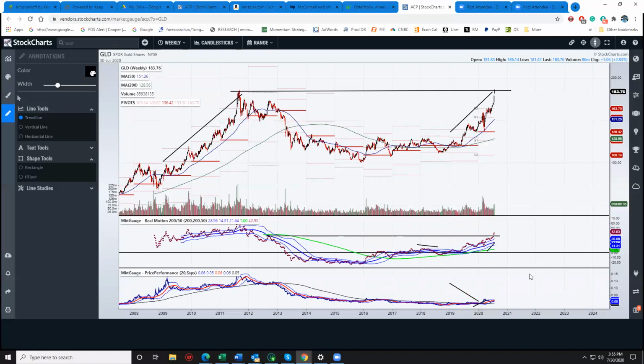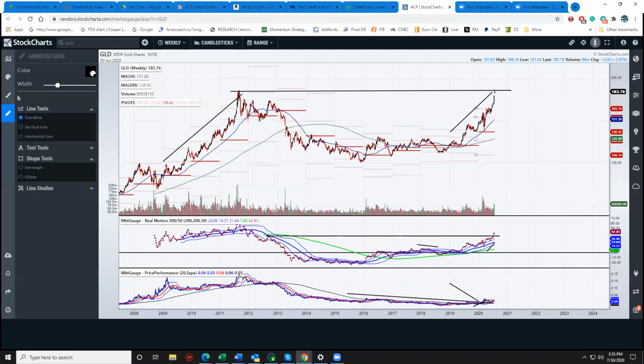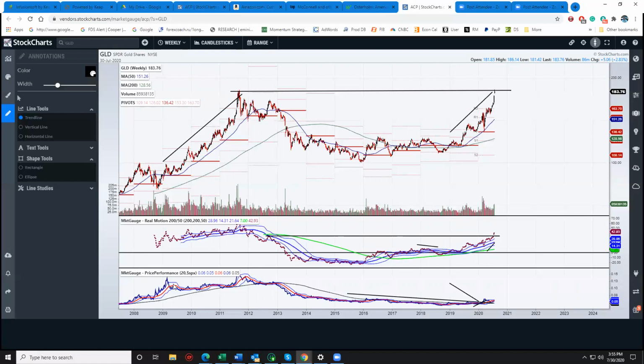So gold on a relative basis is still coming out of this long-term base here, and has a lot of room to reach on a relative basis to where the S&P was trading.